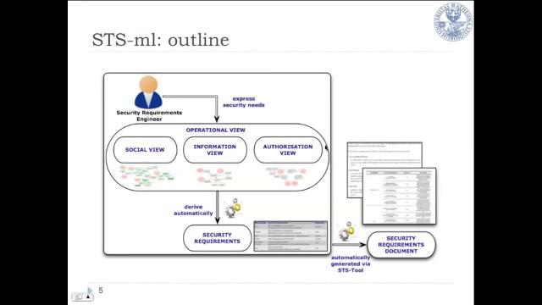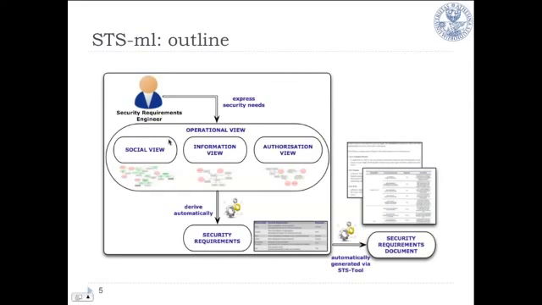And finally, the authorizations view, in which we represent all the permissions and rights that actors grant to other parties they interact with on what they can perform over the information. The whole model is represented in the operational view, which is the set of all these three views together. And we allow the expression of security needs of the kind that I just explained through the example.